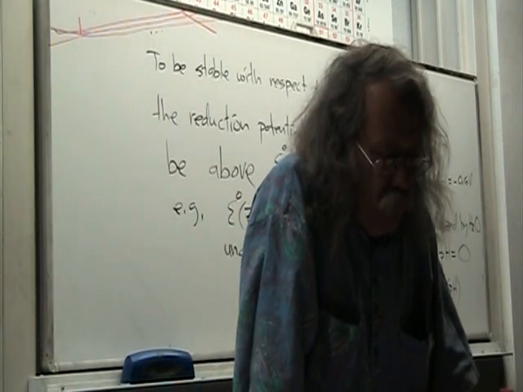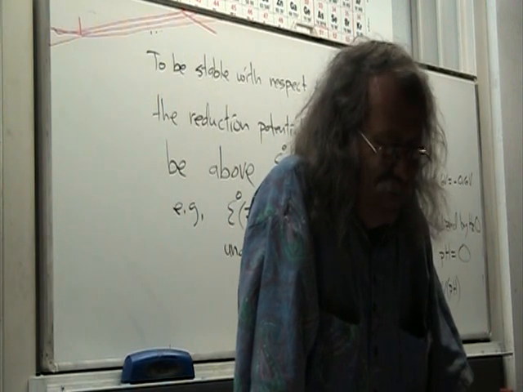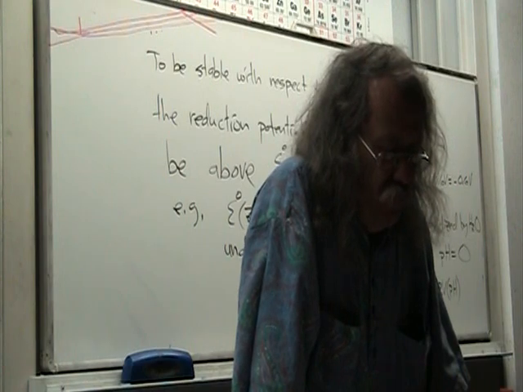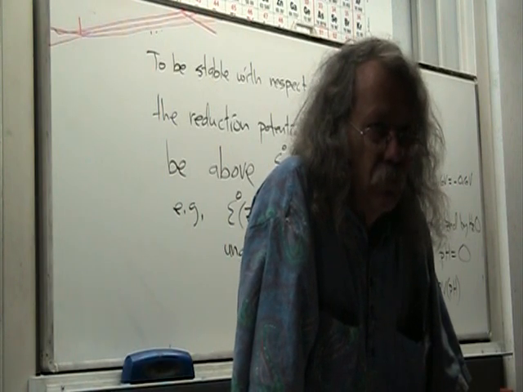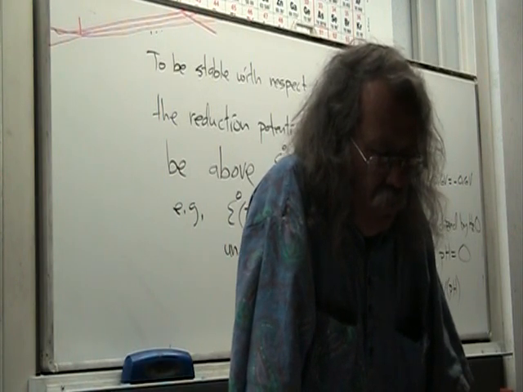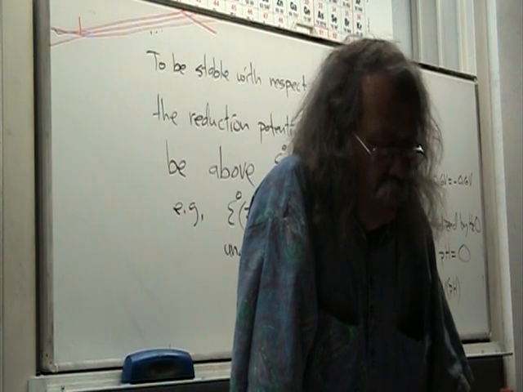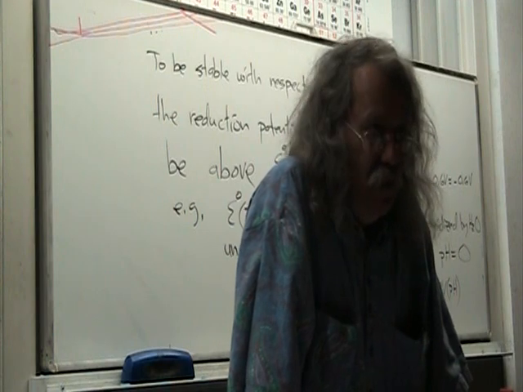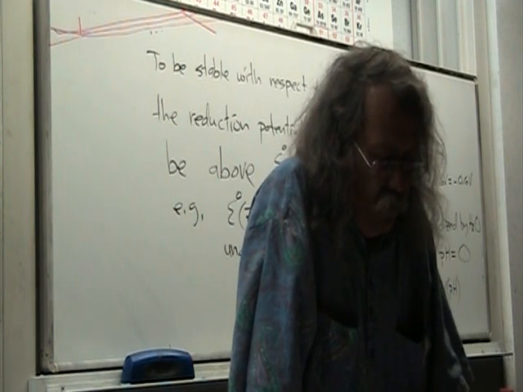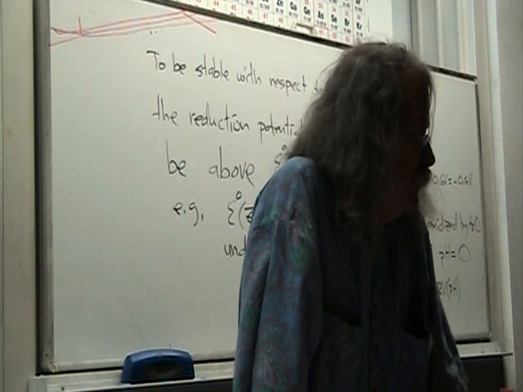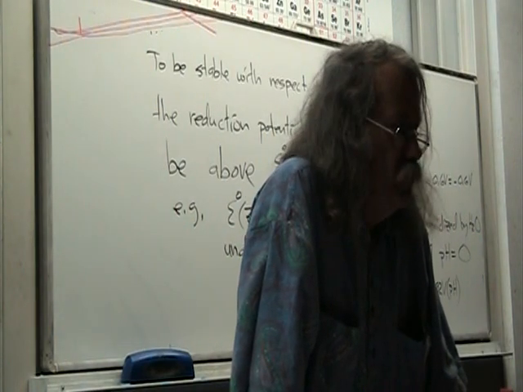The only one that is less than minus 0.6 volts is zinc. All of the others are above that. So all of the other ones, nickel, copper, hydrogen, and oxygen, are all stable in water as elements. Okay? That's what that means.